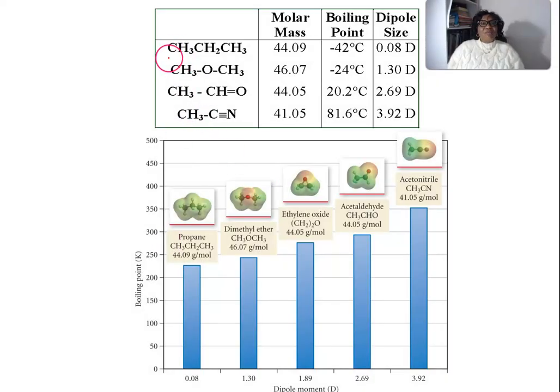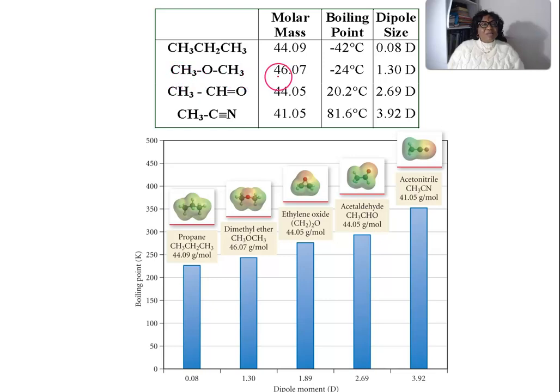So we have propane. It's non-polar. And look at this molar mass, 44.09. Its boiling point is minus 42 degrees Celsius. And its dipole moment is about 0.08. But we want to look at the next molecule, which is diethyl ether.